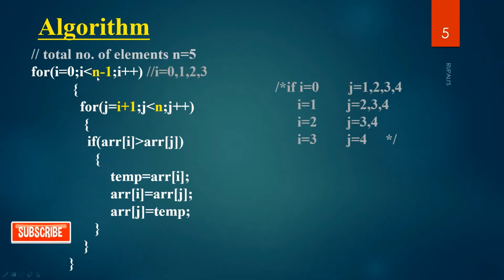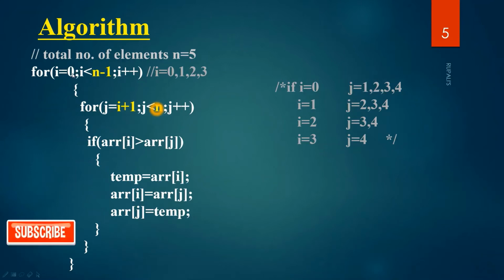Okay. Now what is j? j equals i plus 1, less than n. That means j starts from 1 when i is 0. And less than n: n is 5, so less than n is 4. So j goes from 1 to 4, so the value of j will be 1, 2, 3, 4.